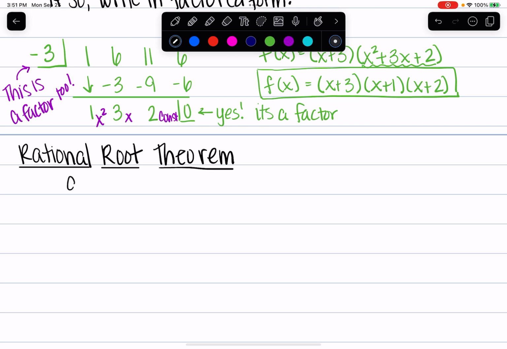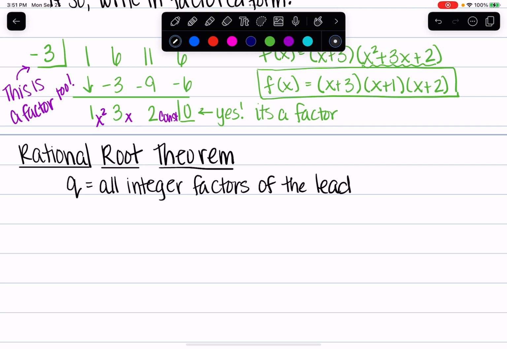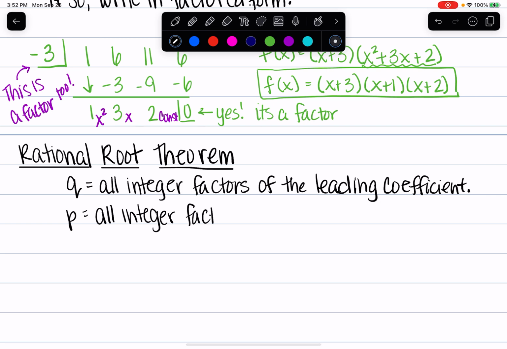We start with these letters, Q, and Q represents all integer factors of the leading coefficient. And then P is all integer factors of the constant.